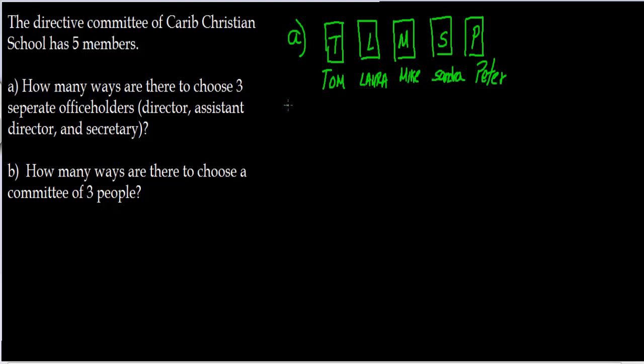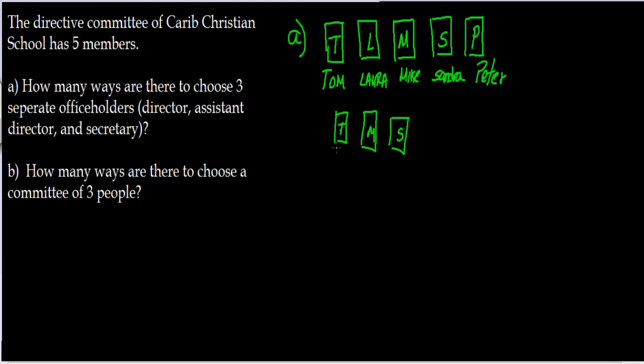Now for letter A, it says how many ways are there for me to choose 3 separate office holders? That means I'm going to choose 3 people randomly. Let's say I choose Tom, and then I choose Mike, and I choose Sandra. I randomly chose these 3 people.